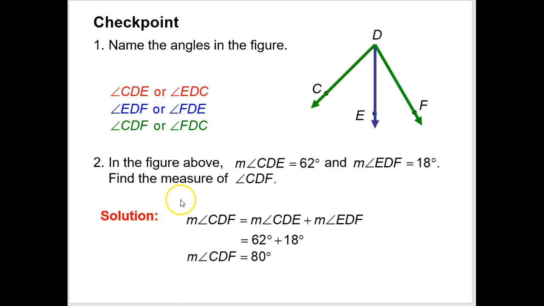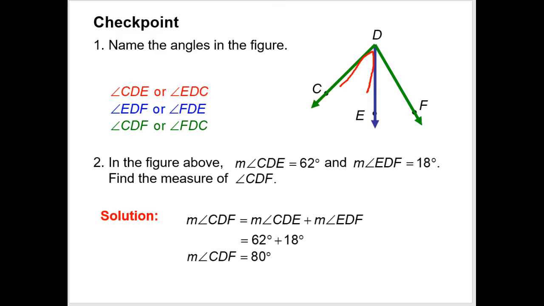Oh, I don't want you to see all these answers first. Okay. So it says name the angles in the figure. So CDE, let me get my pen again in red. CDE. So this angle. And then EDF. Okay.